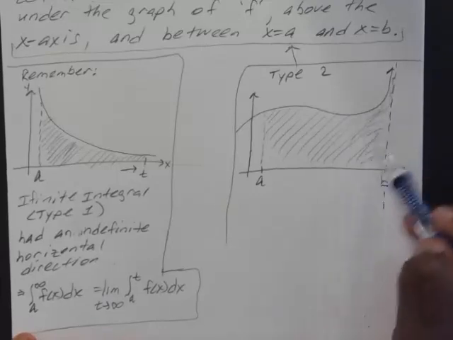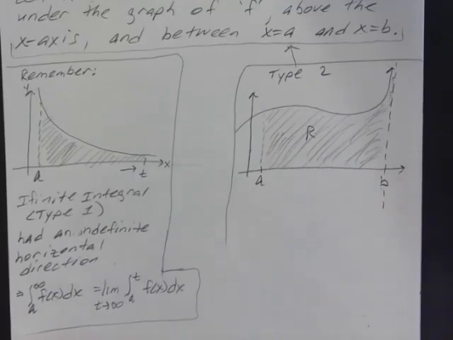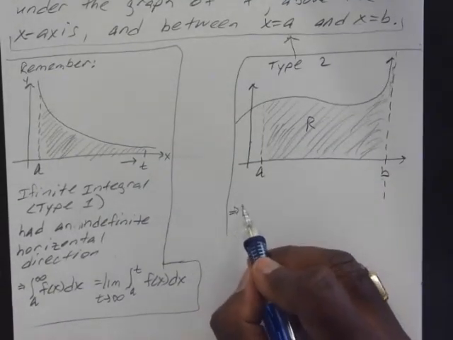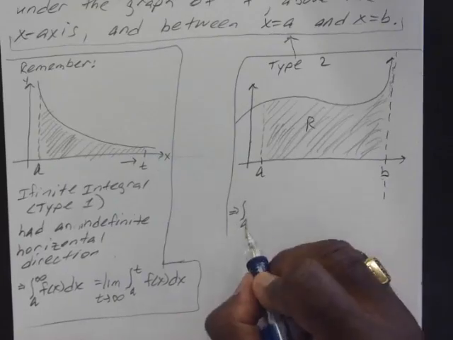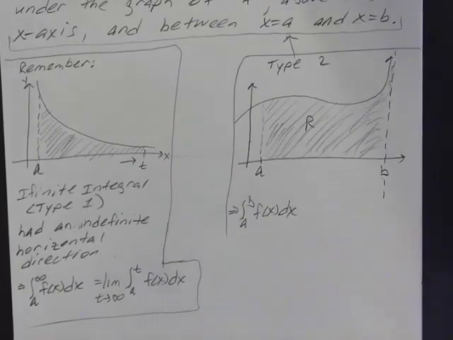Okay, so this whole region that we will call R, you can find that that's the integral from a to b of f of x with respect to x.